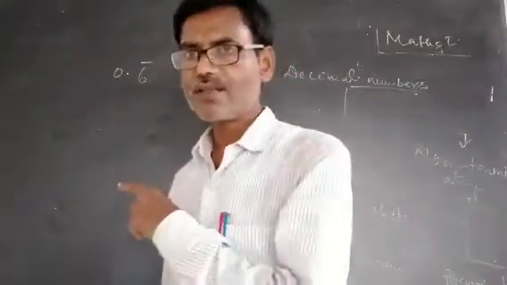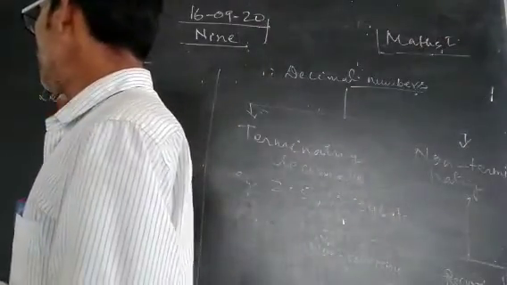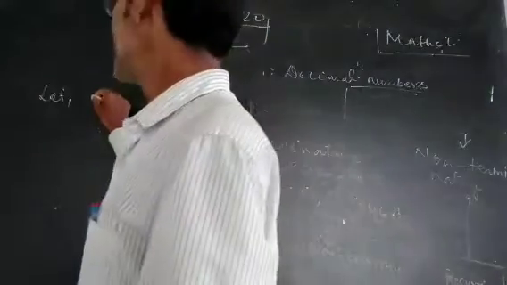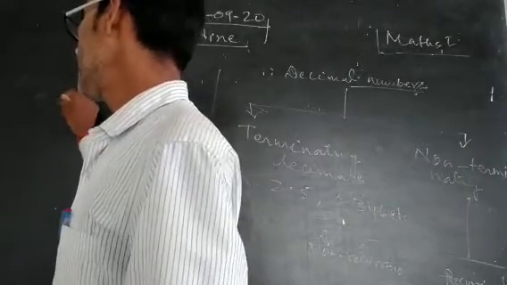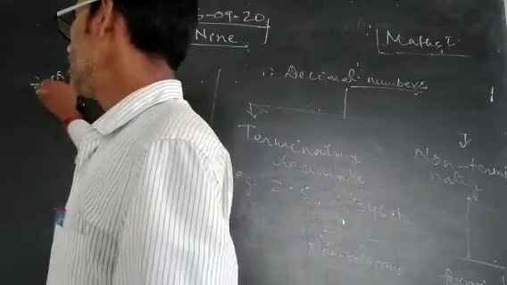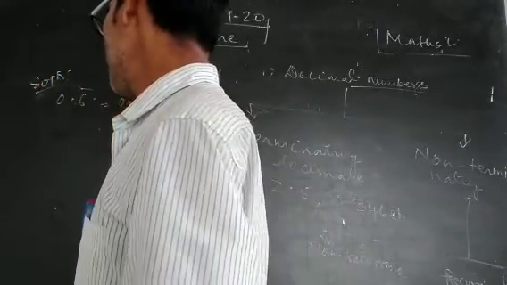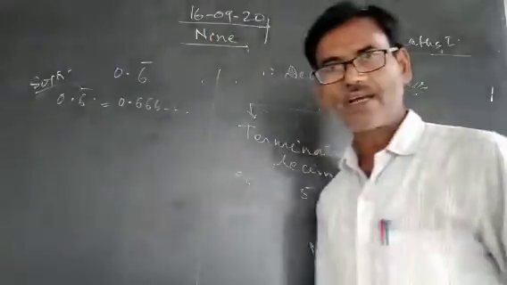We have to change this number into a rational number. The procedure you have learned in algebra class: we take the given decimal number equal to x. Here the given number is 0.6 recurring, means 0.666 as many times as you desire you can write.